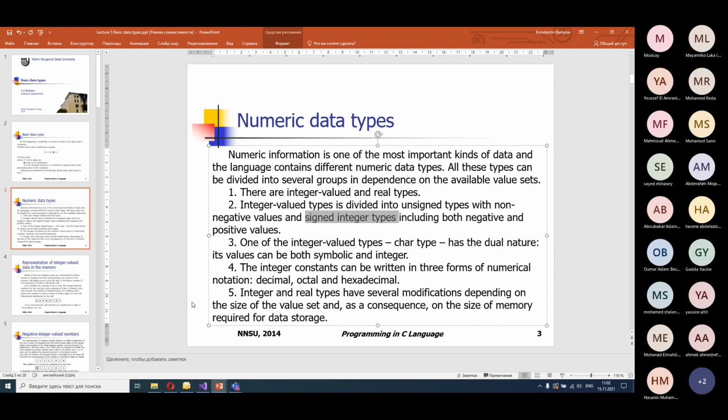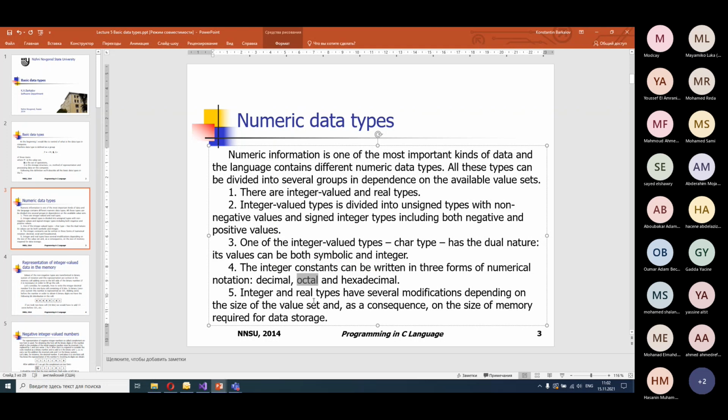In a C program, integer constants can be written in three forms of numeric notation. Decimal, our usual notation of numbers that we use every day in our life. And we can also use two special forms of notation, so-called octal and hexadecimal.